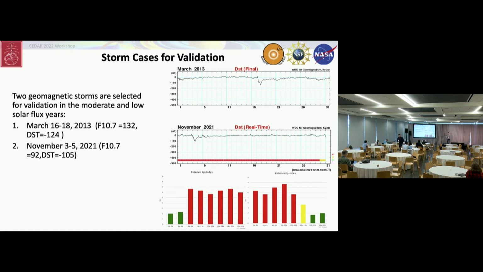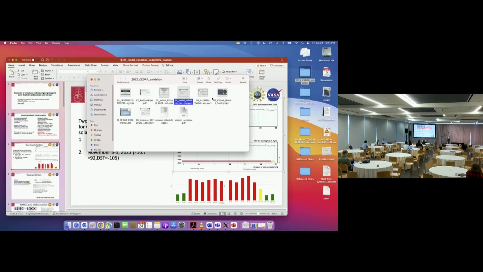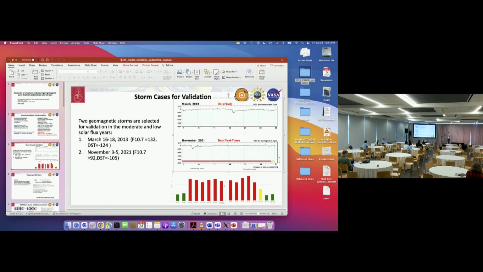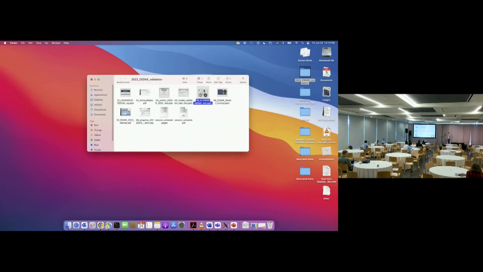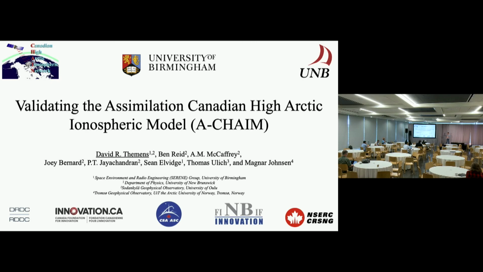It seems like the models perform better during solar maximum years because during solar maximum, solar forcing and geomagnetic forcing are dominant and responsible for ionosphere variability. If we include a whole atmosphere model, for example WACCM-X coupled with SAMI3, it can probably show better performance during the solar minimum years.